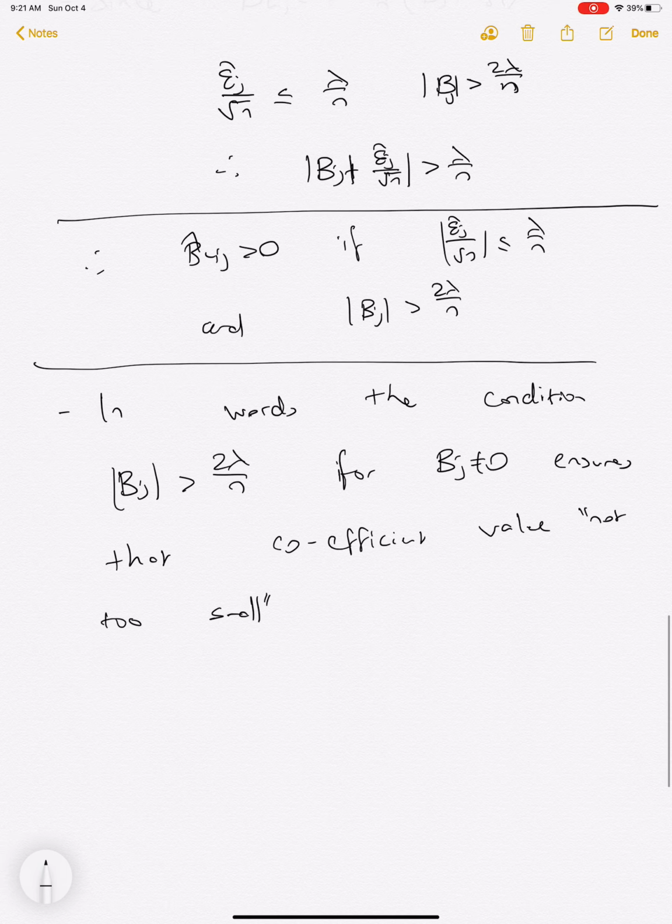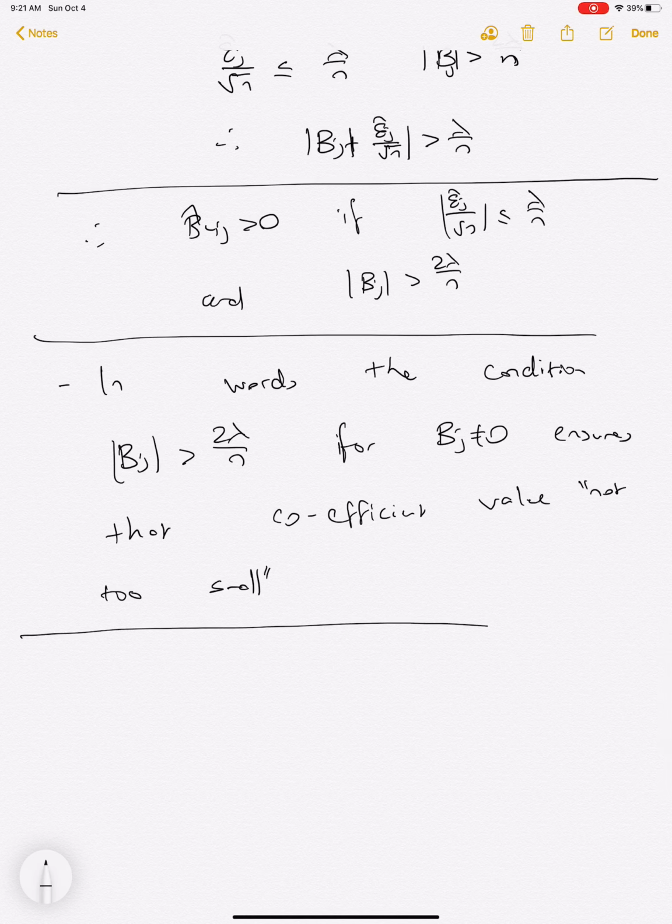And so in that case, now we have that b hat lj is equal to 0 if and only if bj equals 0.